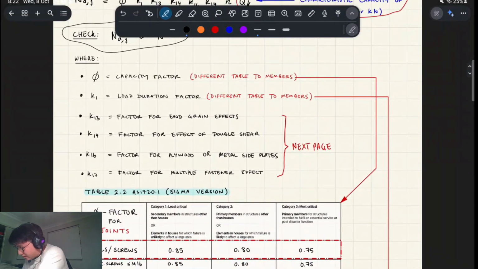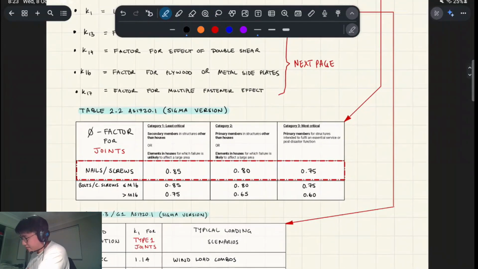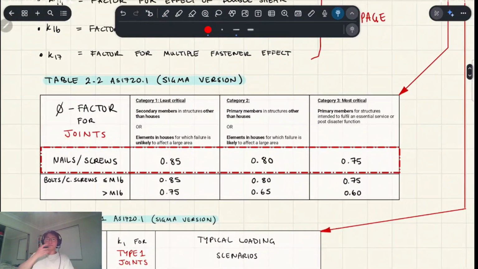So, the capacity factor table. Now, in my week 2 and 3 notes, I actually had a slightly different table, right? So this is my shortened version of the table essentially. I think that one was table 2.1, so I was shortening a different table. We have a different table in the standards, which is the capacity factor for joints, right?